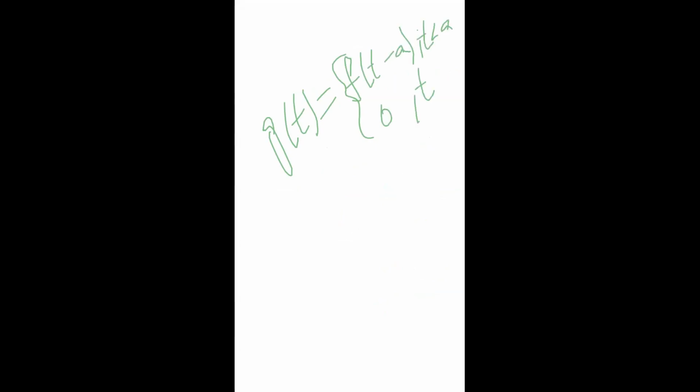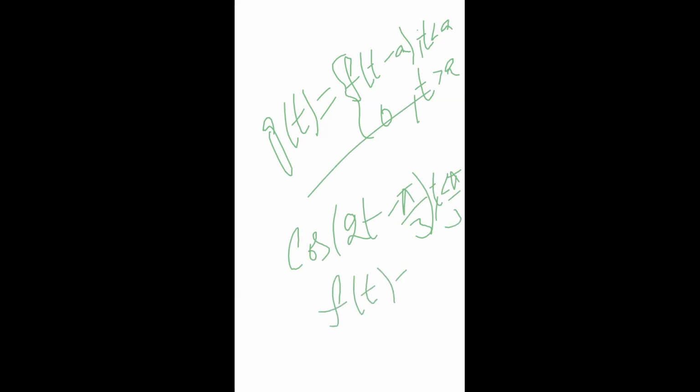It also has one problem: f of t minus a equal to cos of 2t minus a, for example cos of 2t minus pi by 3 for t greater than pi by 3, and 0 for t less than pi by 3. Taking f of t equal to cos 2t, apply the Laplace transform to both functions.